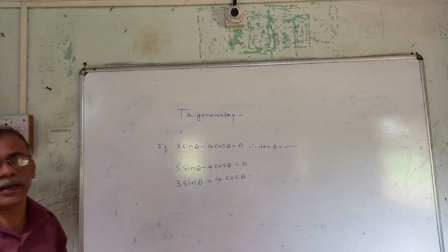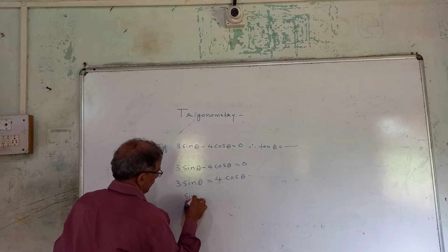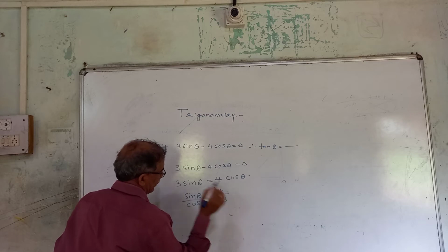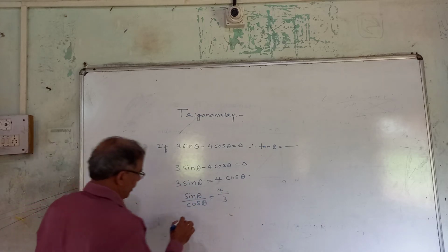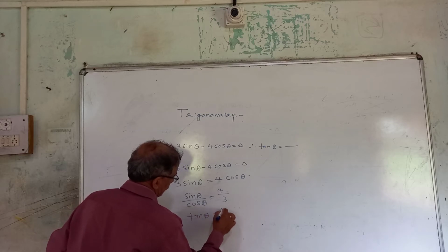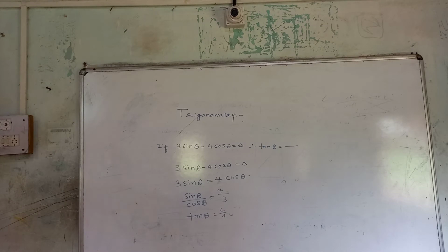Now you can rearrange, or bring the 3 here. Sin theta upon cos theta is equal to 4 upon 3. And sin by cos means tan theta is equal to 4 upon 3. So like this you have to obtain the answer.